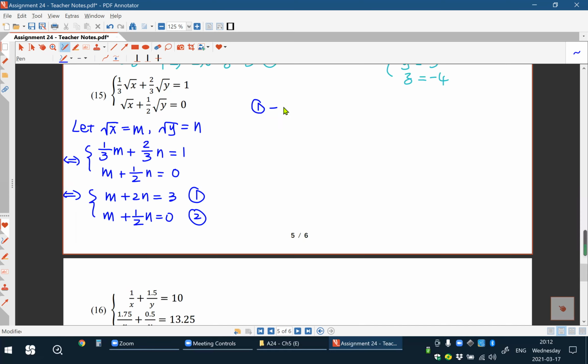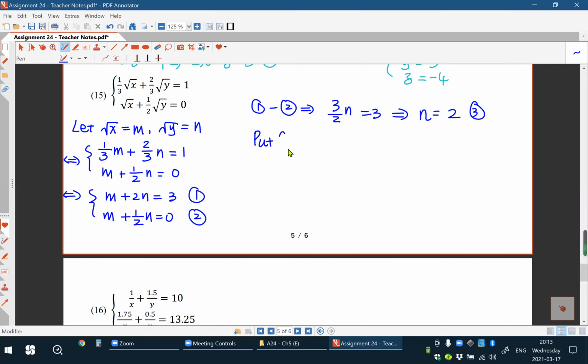And then we can use 1 minus 2. And this will give you 3/2 of n equals 3, right? So n is 2. Okay, let's call this 3.